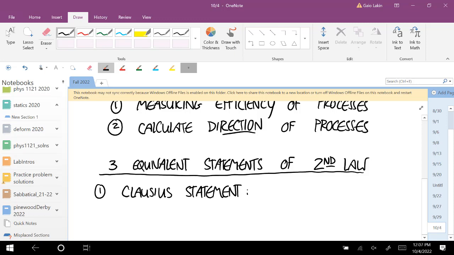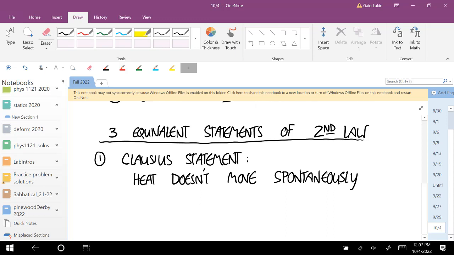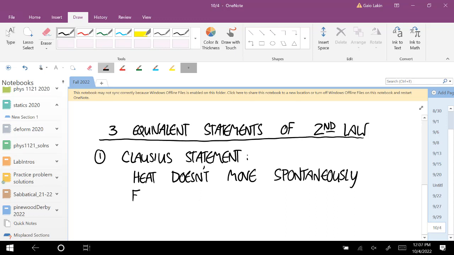And that just says that heat doesn't move spontaneously from a low temperature to a high temperature.